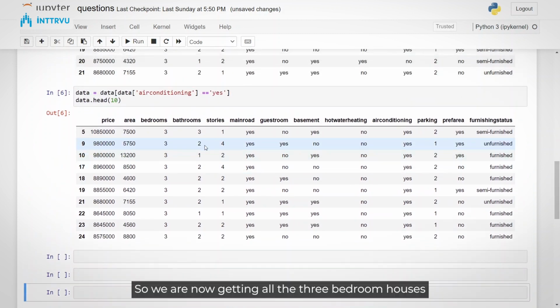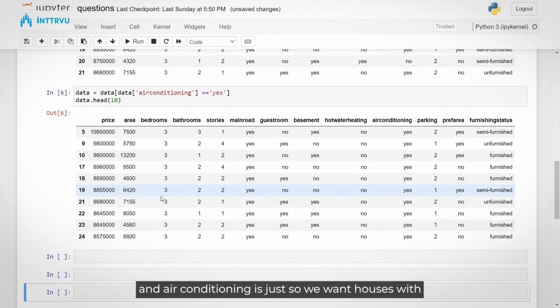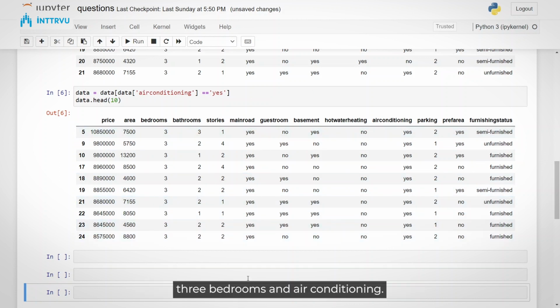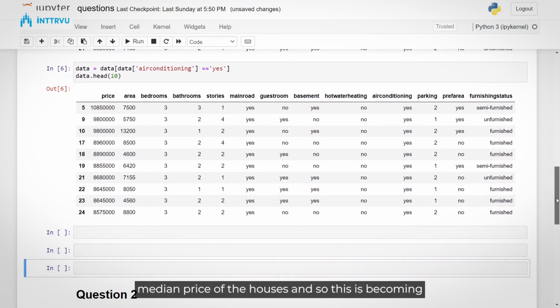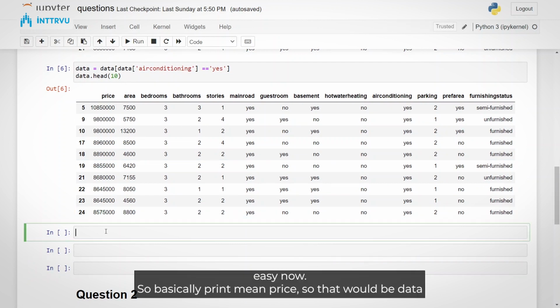So we are now getting all the 3 bedroom houses where air conditioning is yes. So we want houses with 3 bedrooms and air conditioning. Now for this we have to find the mean and median price of the houses, and this is becoming easy now.